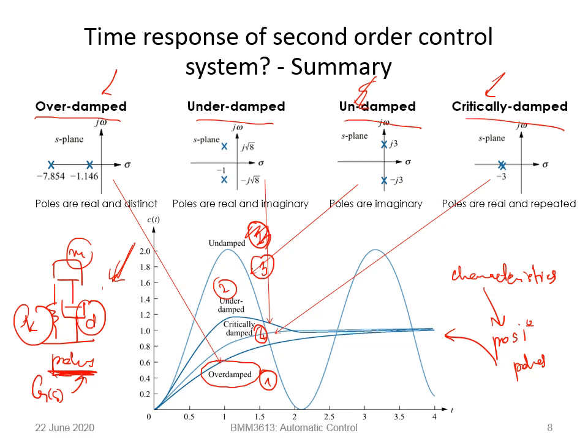So in order to be in an overdamped or critically damped system, you should have your poles always on the sigma axis.